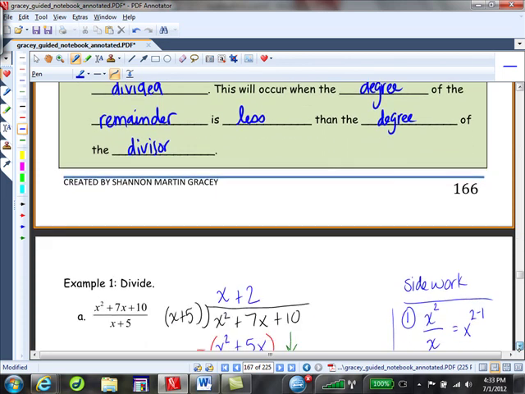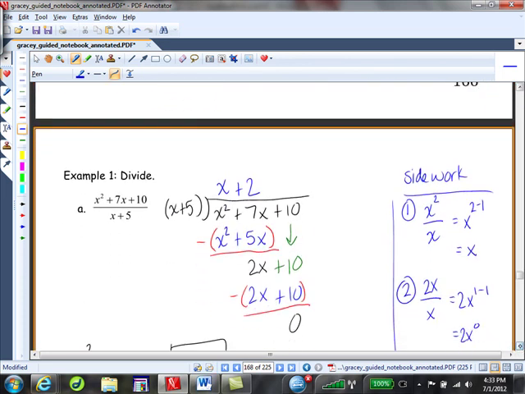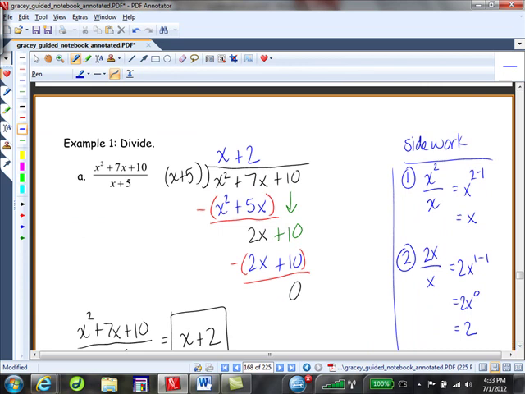Okay, so let's take a look back at this problem and see what happened. So there, this part here, the 2x, was considered a remainder.